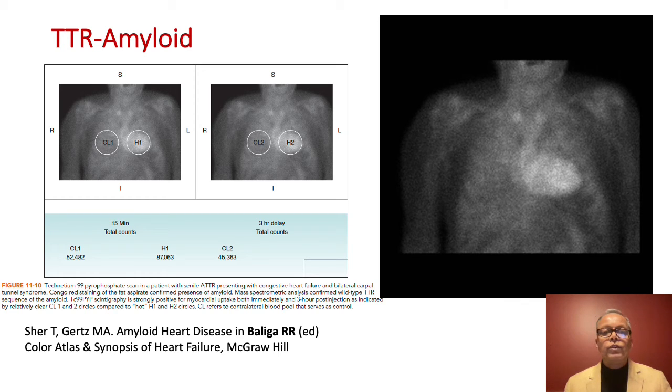The right figure shows the same, the concentration of the technetium pyrophosphate label in this patient with TTR amyloid.